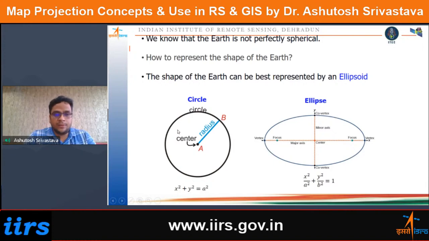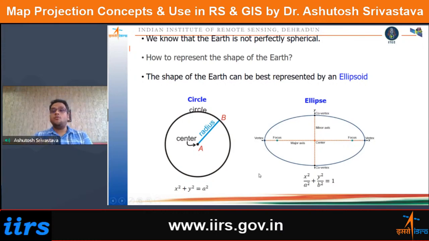Wherever we measure, it will be the same. Double of this radius is called the diameter. The equation of this circle is x square plus y square equals a square. One simple equation. The circle is a two-dimensional geometry, meaning two variables, x and y.